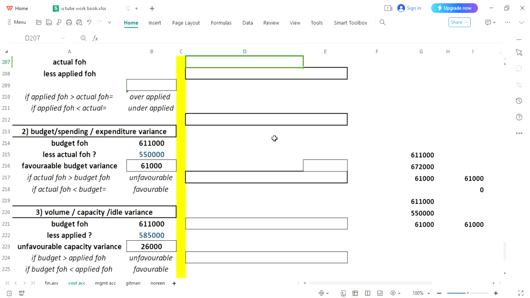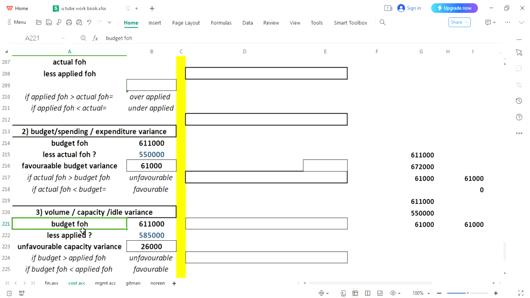No formula, no supporting statement, only these two lines were calculated with which we have got the answer. So it's totally dependent upon this conclusion. If you want to make a favorable budget variance, you have to make actual less. If you want to make an unfavorable capacity variance, you will have to make budget more.